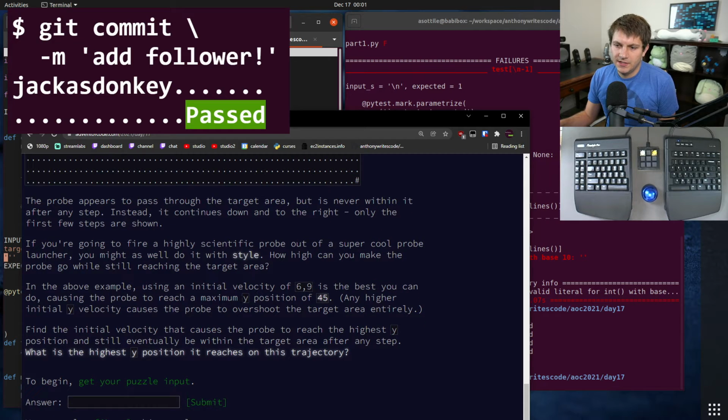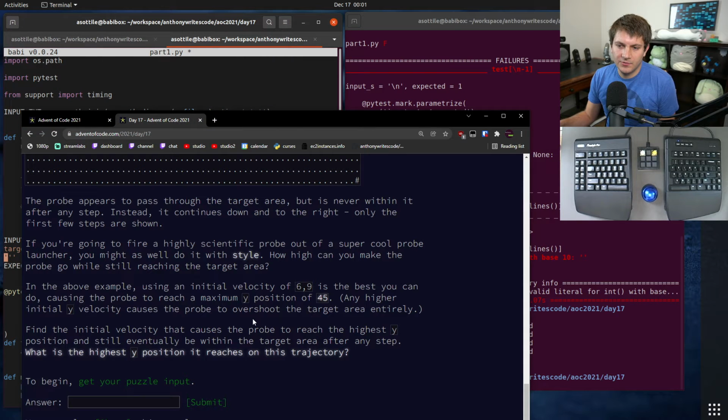Trying to fire high. How high can you make the probe go while still reaching the target area? Find the initial velocity that causes the probe to reach the highest Y position and still eventually be within the target area after any step.